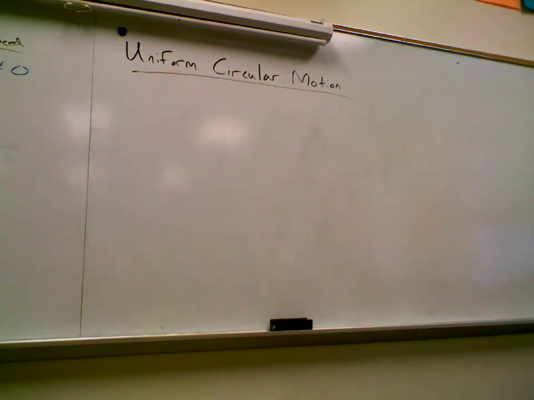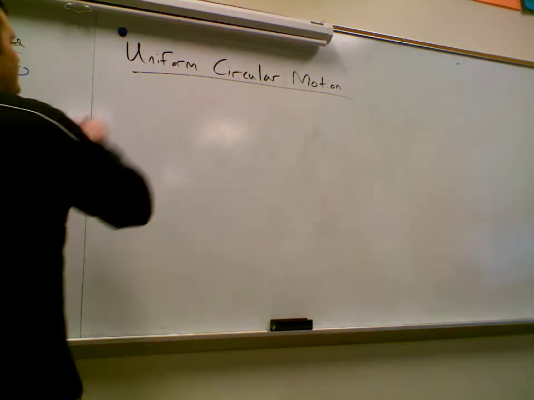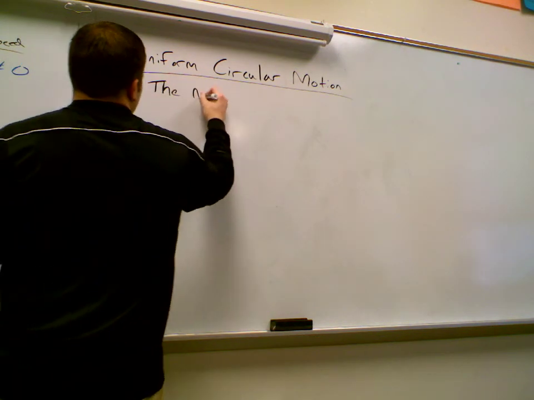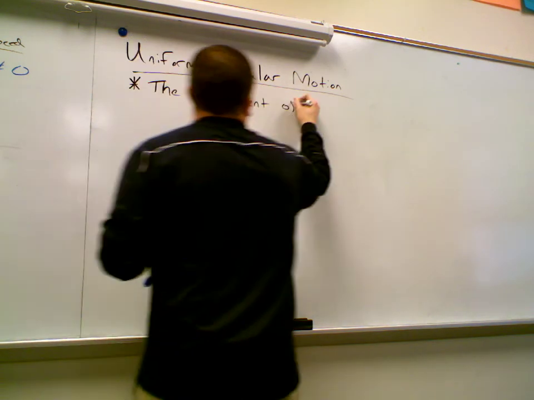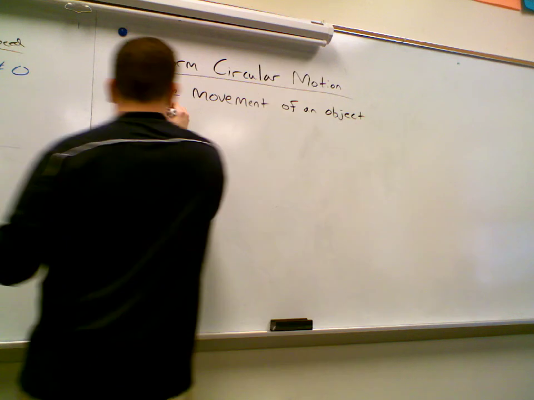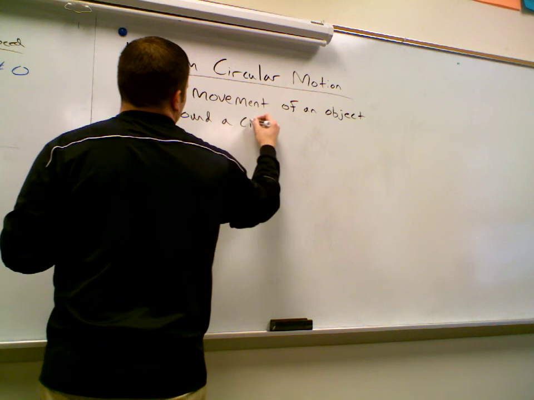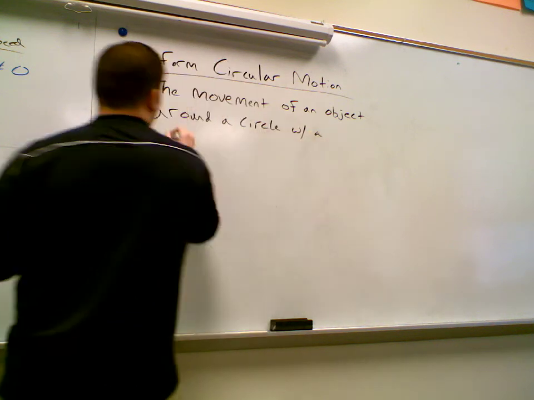Love it. All right. So, uniform circular motion is the movement of an object around a circle at a fixed radius with a constant speed. So this is the movement of an object around a circle with a fixed radius.